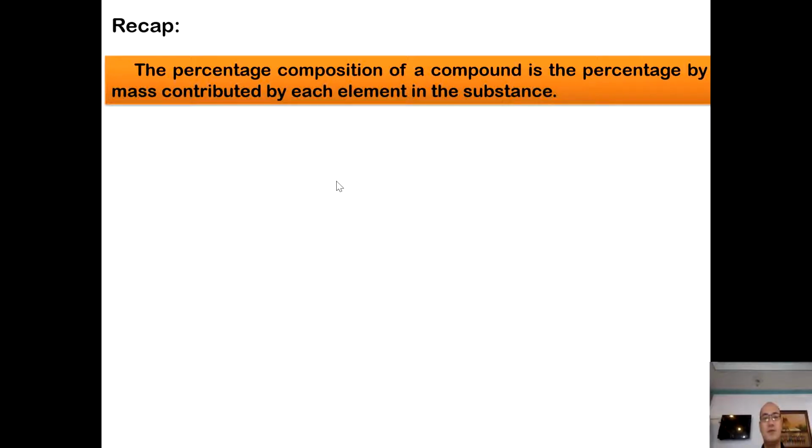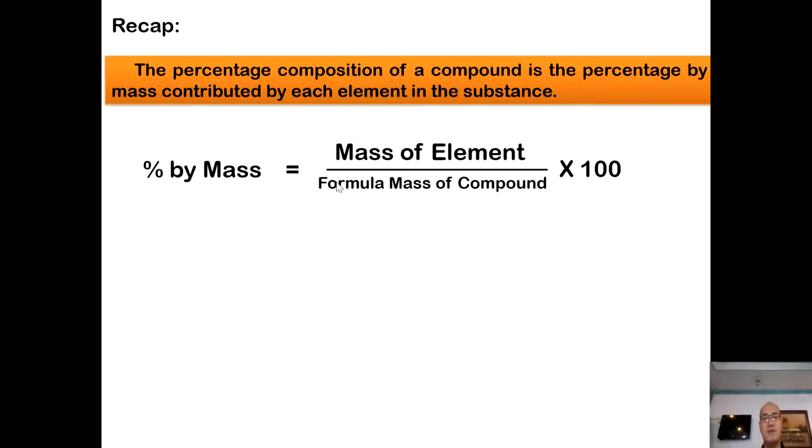Based on the mathematical equation, the percent by mass of the element can be calculated by this formula, where the mass of the element is divided by the formula mass of the compound, and we multiply the quotient by 100%, since we are looking for the percent by mass.